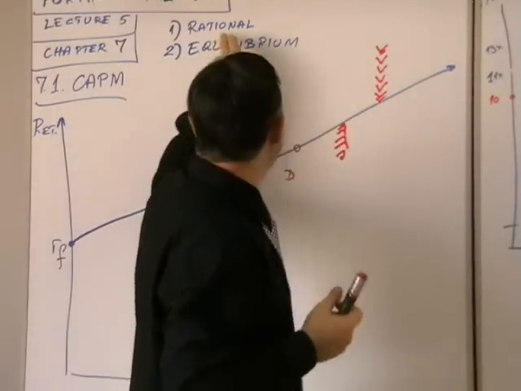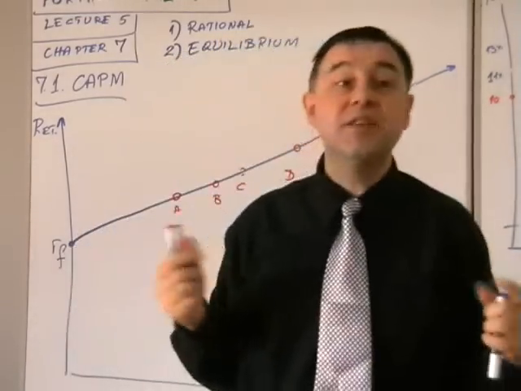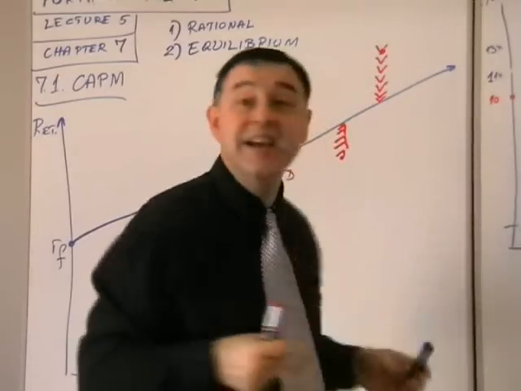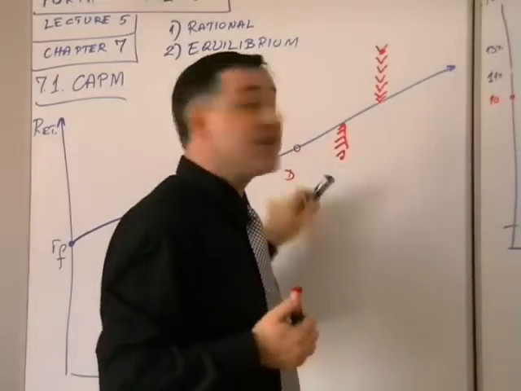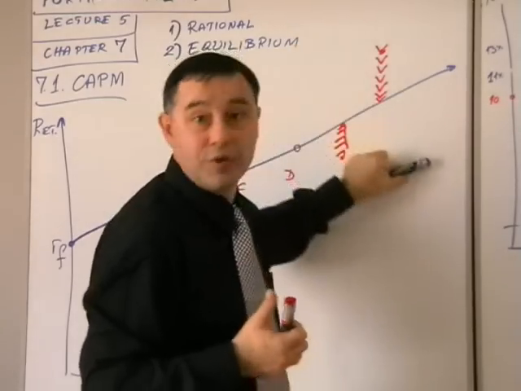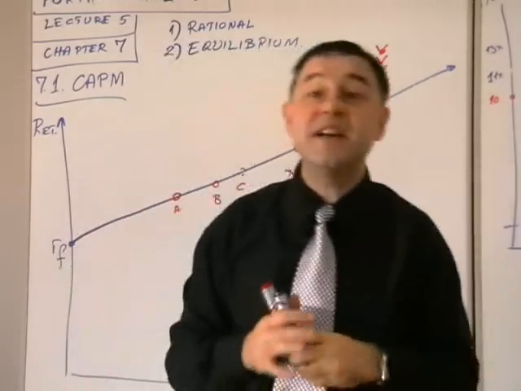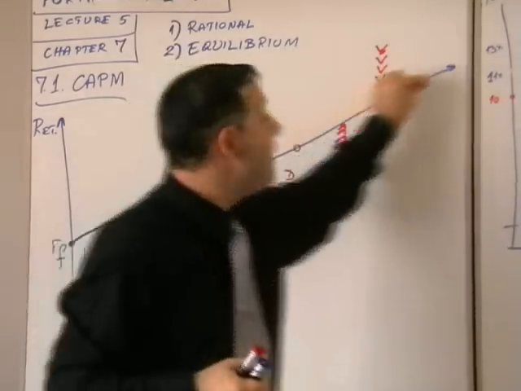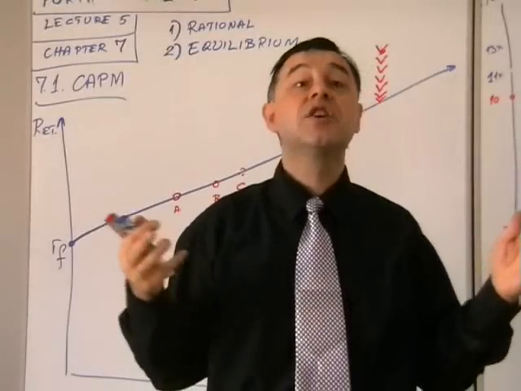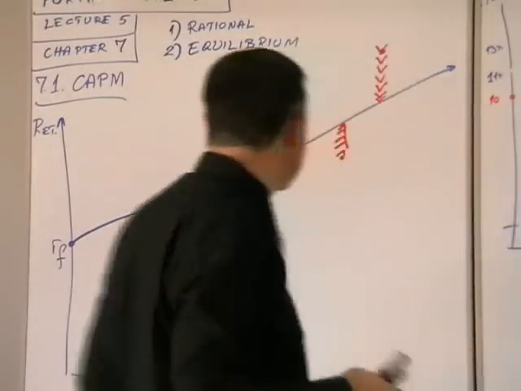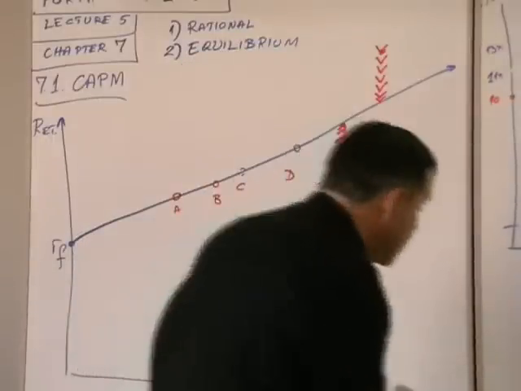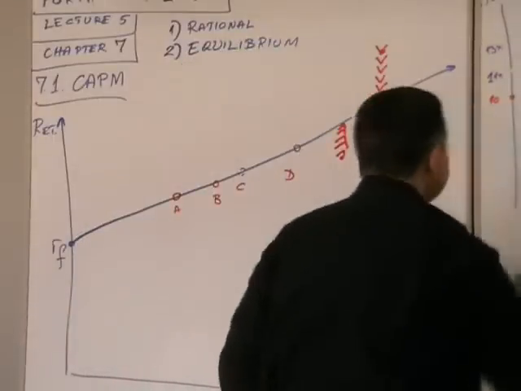So, rationality and ability of investors to evaluate essentially means that if any asset is away, whether above or below, rational investors will drive it back on this curve. So, that's number one. That's the first piece of the puzzle.